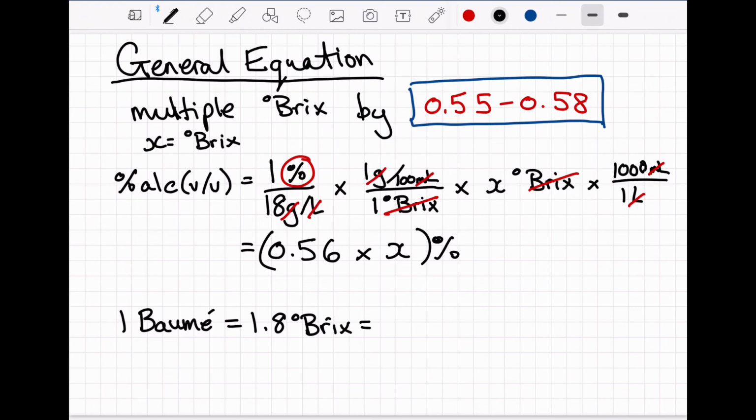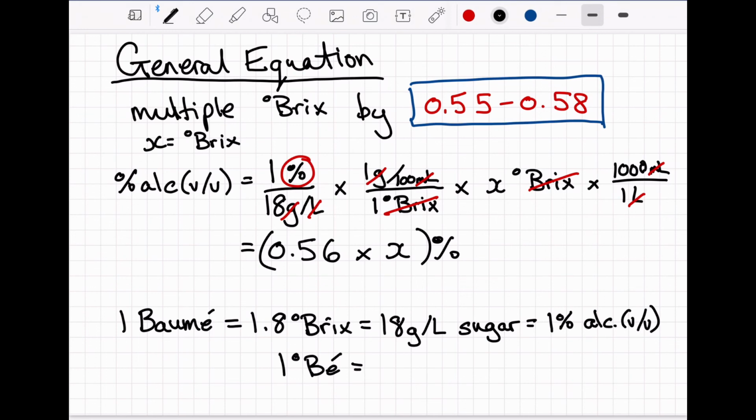This is the same as the 18 grams per liter of sugar we know, which we also know is 1% alcohol. So conveniently, if you do end up working in Baumé, 1 degree Baumé equals 1% alcohol. Baumé is essentially a density scale that measures your potential alcohol directly, so it can be quite useful.